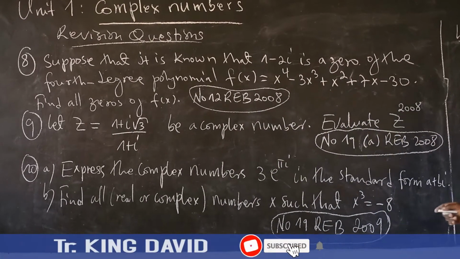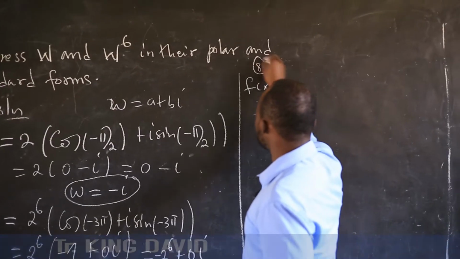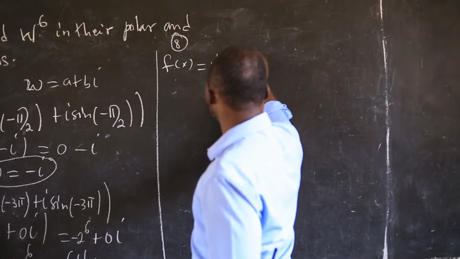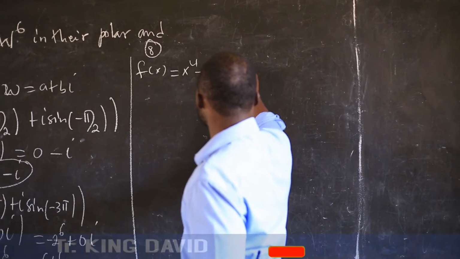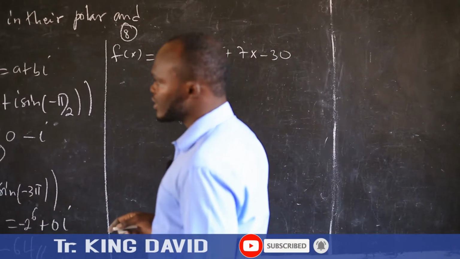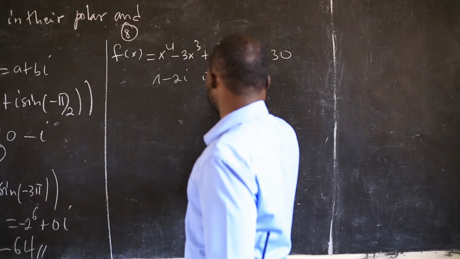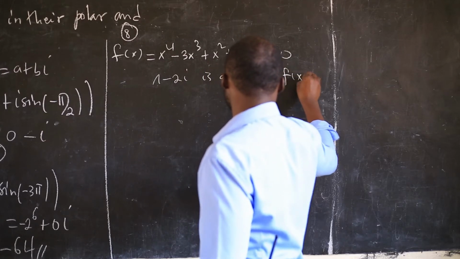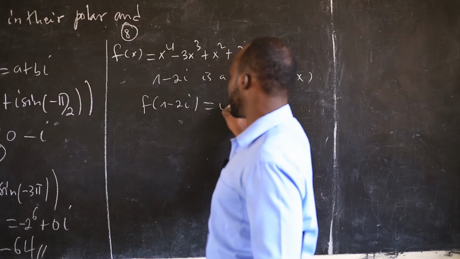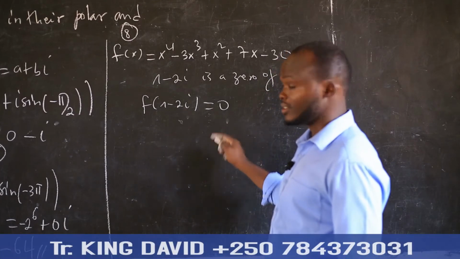So we have f(x), which is x power 4 minus 3x power 3 plus x squared plus 7x minus 30. But it is known that 1 minus 2i is a zero of f(x). It means that f(1 minus 2i) is equal to 0.